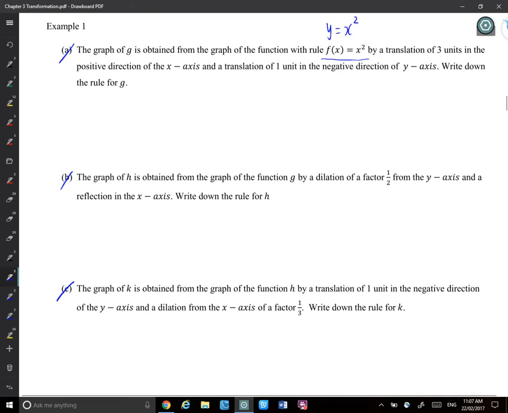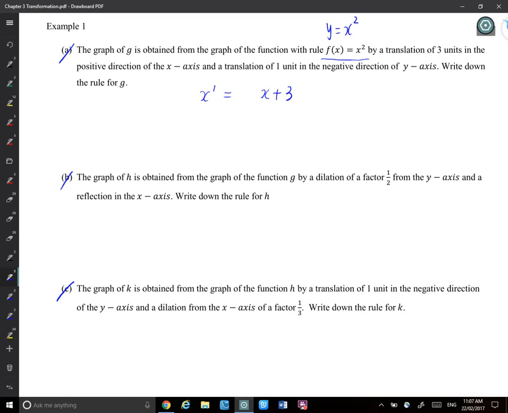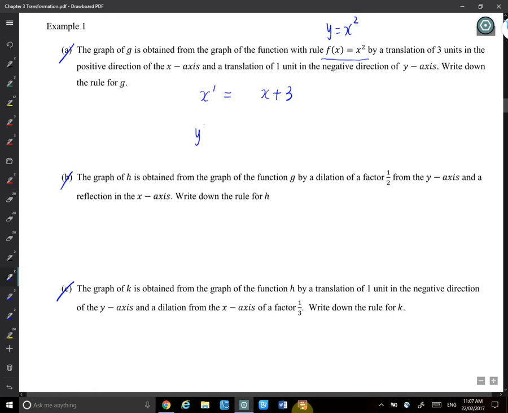So one step at a time. Translation of 3 units in the positive direction of the x-axis, then x dash will equal x plus 3. And then translation of 1 unit in the negative direction of the y-axis, then y dash will equal y minus 1.